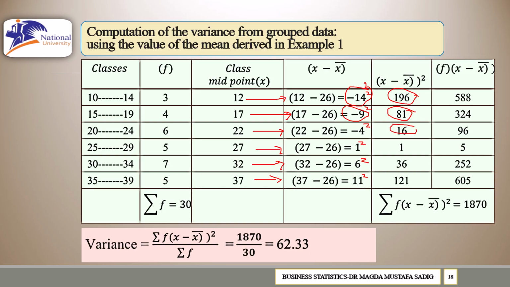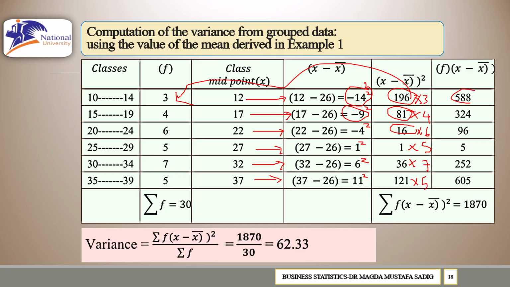Then we multiply these values with the frequencies like this: 196 by 3, 81 by 4, 16 multiplied by 6, 1 multiplied by 5, 36 multiplied by 7, and 121 multiplied by 5.